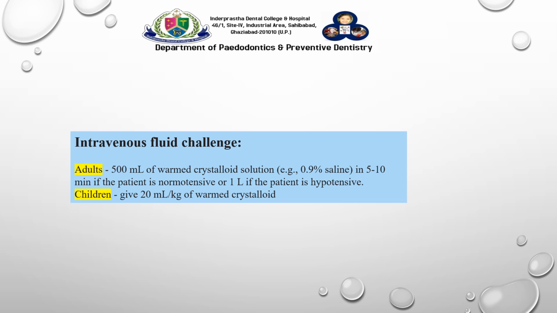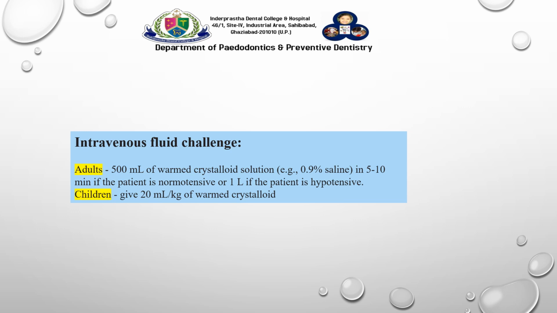In adults, 500 ml of warm crystalloid solution should be administered in 5 to 10 minutes if the patient is normotensive, or 1 liter if the patient is hypotensive. In children, 20 ml per kg of warm crystalloid solution would be essential.